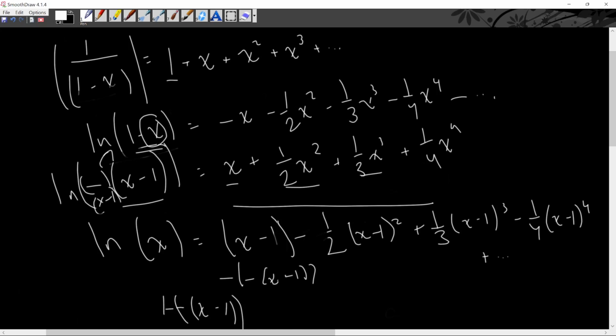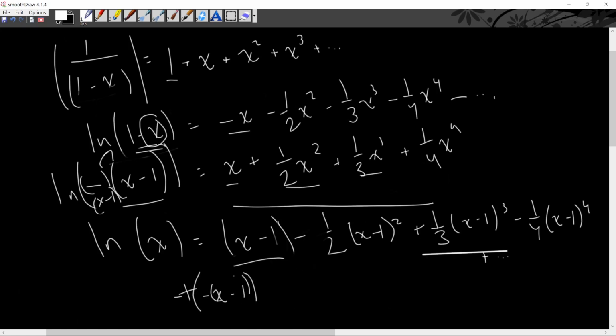Because now you have 1 plus x term has a positive coefficient, but if you do an even degree, like a negative 1/2 times negative x minus 1 squared, then this will become a positive, which means that the coefficient is still a negative number. Okay.